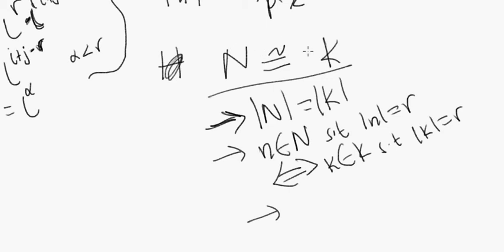Would this be a nice notion of similarity: if two groups are isomorphic to each other, then they have the same size, and if N has an element of some order, let's say order 2, then K must also have an element of order 2.